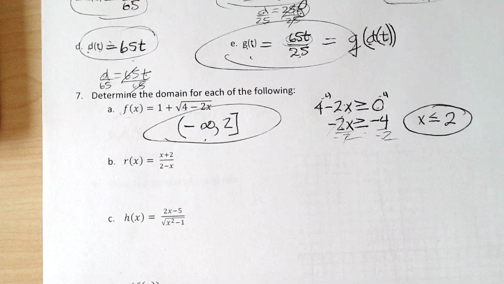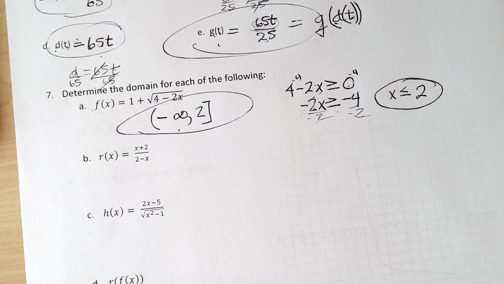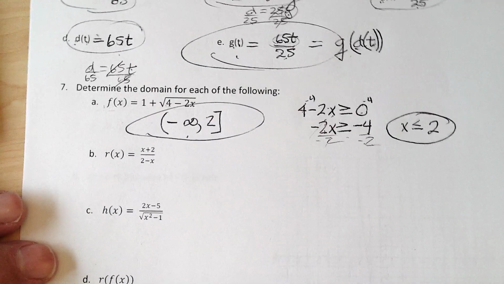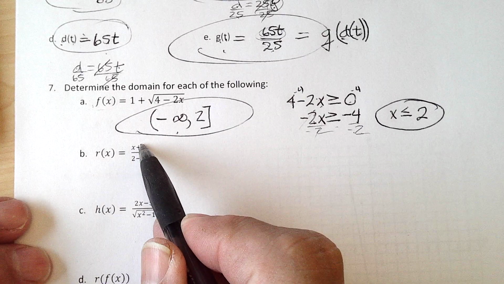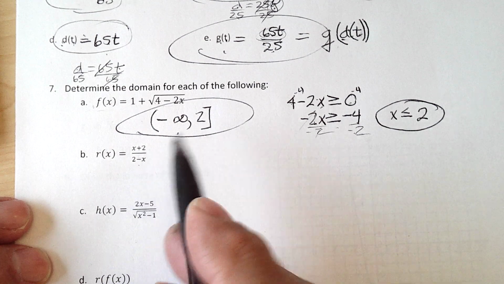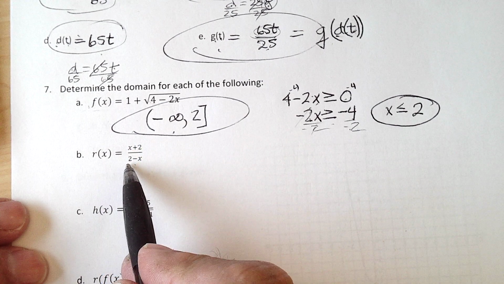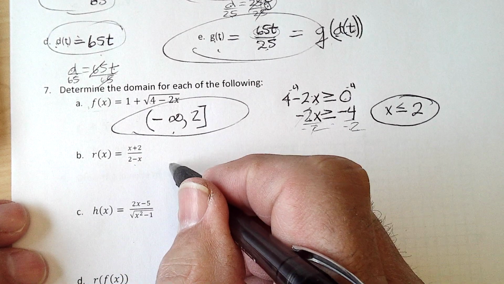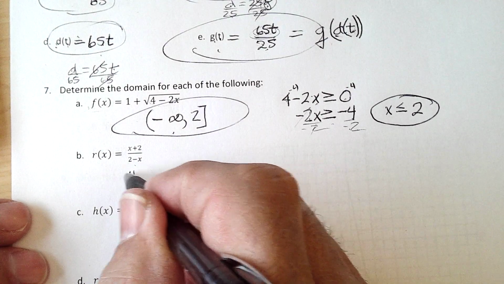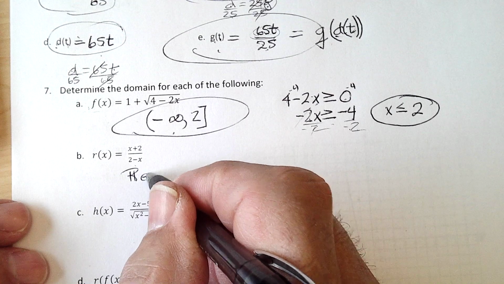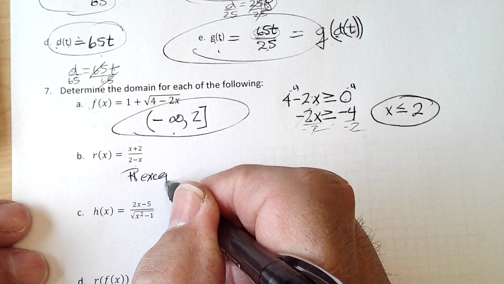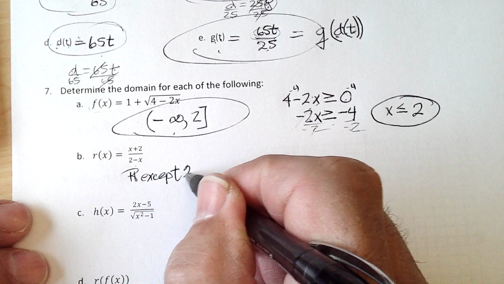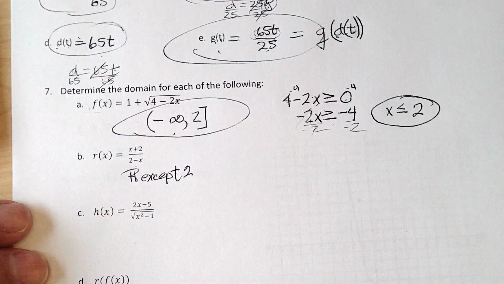or part B. Well, this has got division, so this can't use division by 0. So x can't be 2. So it's all reals except 2, because 2 minus 2 would be 0.